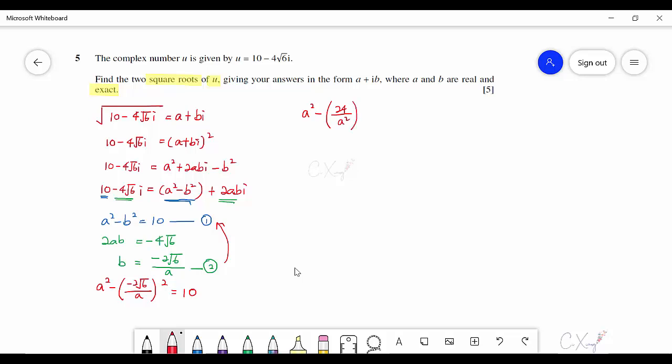I bring the 10 over, it becomes negative 10, and it is equal to 0. I want to make the a square disappear as a denominator, so I multiply the whole equation with a square. If I rephrase it again, I will have this quadratic form equation in a squared. Since you're having the quadratic form equation, you can try to factorize it.